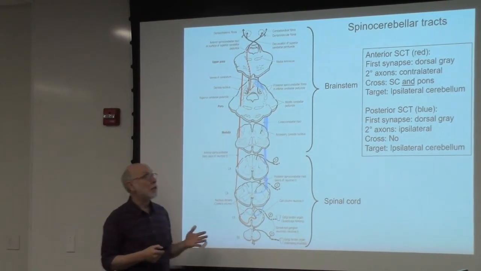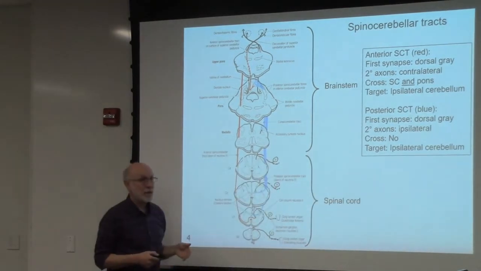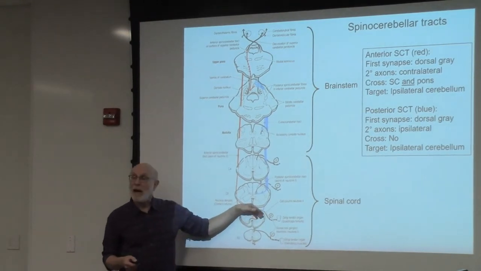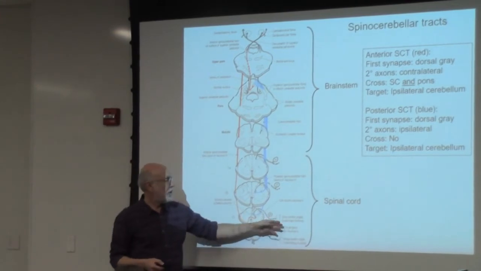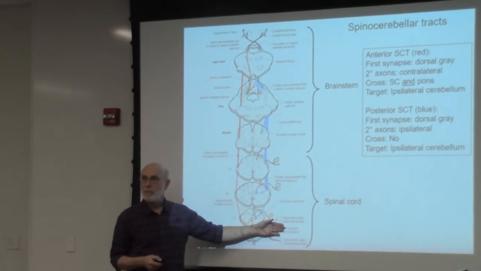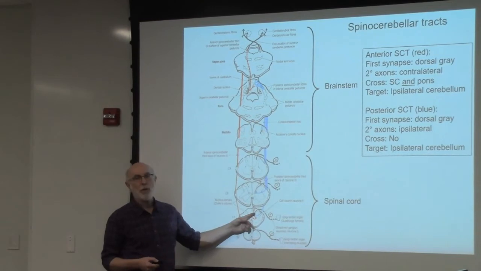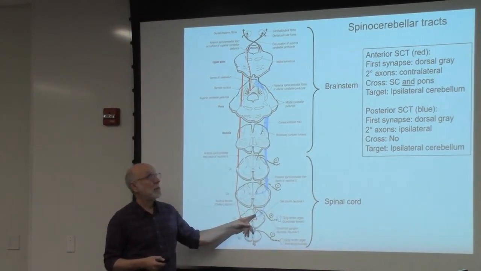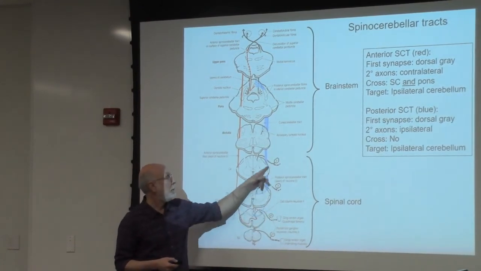The other spinocerebellar tract is the posterior spinocerebellar tract, illustrated here in blue on the left side, but of course there's one on the other side as well. Information from the legs or from the arms about position from the spindles enters the spinal cord in the dorsal horn, synapses in the dorsal horn, and the secondary axons go up.